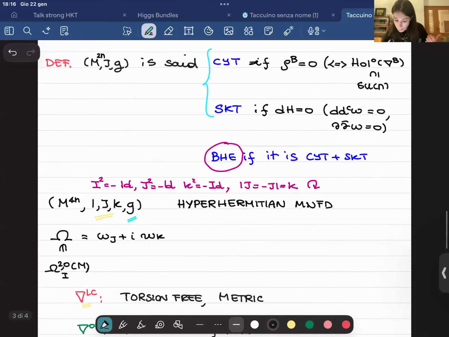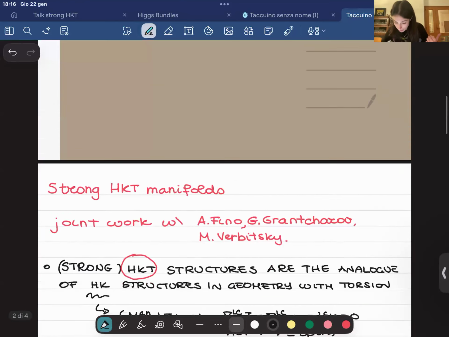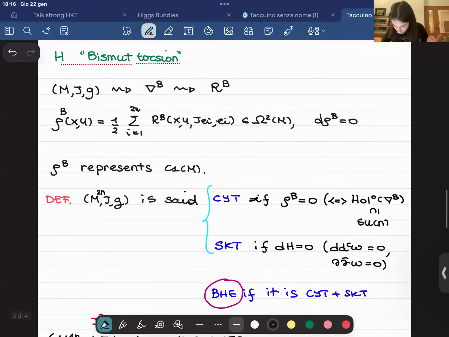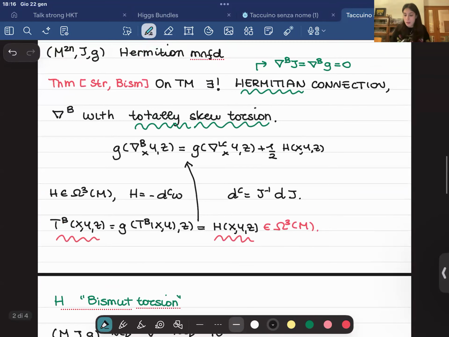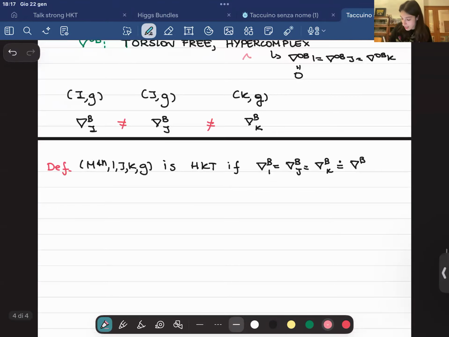And of course, if we go back, not too much, but here, the Bismut connection is Levi-Civita plus a piece corresponding to the torsion. But this is the same for the three of them because the metric is the same. So if I say that the Bismut connections agree, I'm just saying that they have the same Bismut torsion. And this is just H for me.